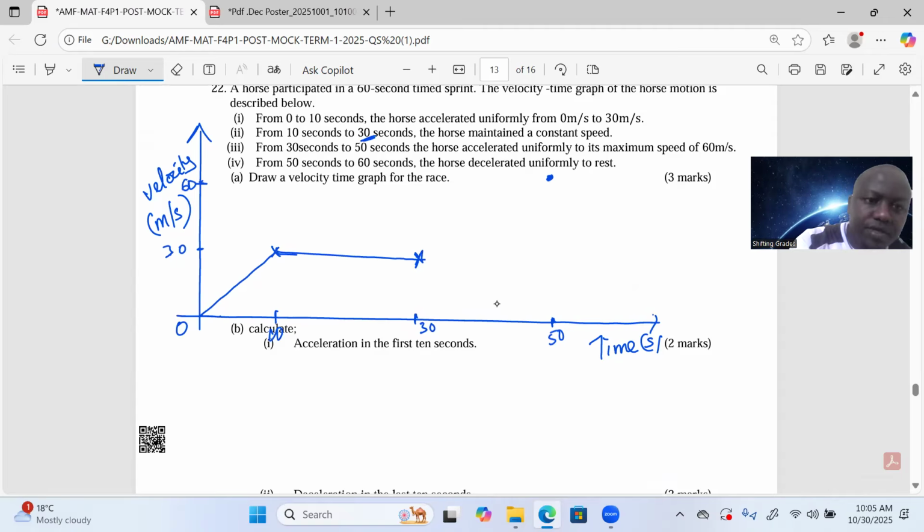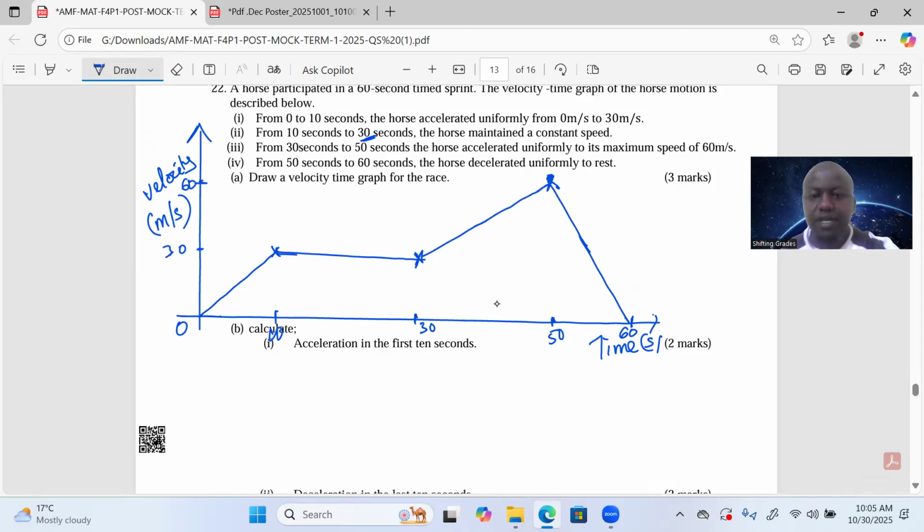Then by the 60th second, it will have decelerated to 0, to rest.